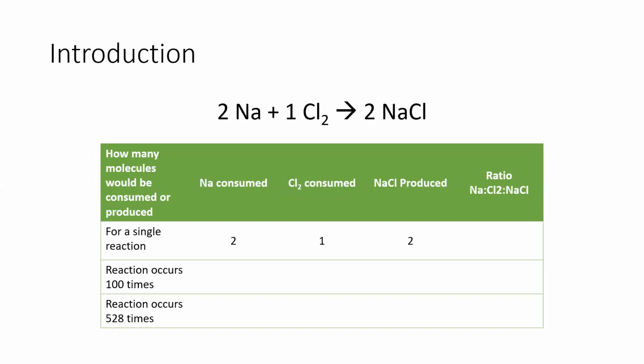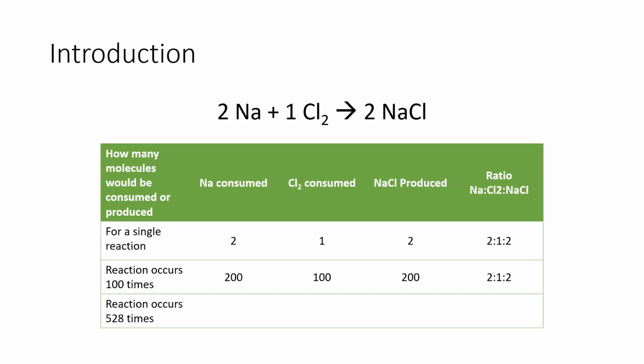So if we look at that ratio, it's really 2 to 1 to 2. Simple enough. So what if this reaction happened 100 times? Well, we'd see 200 sodiums being consumed, 100 chlorine molecules being consumed, and finally producing 200 sodium chlorides. Same ratio, 2 to 1 to 2.